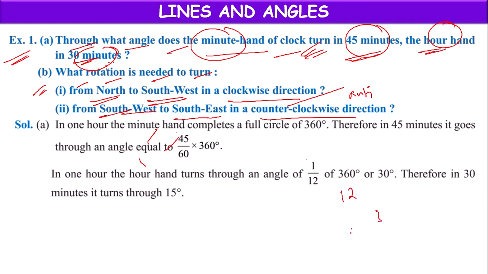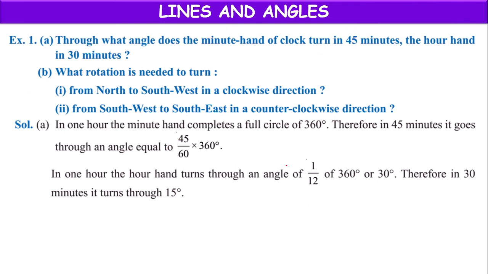In a clock we have numbers, and the clock moves from 12 to 3. If the direction we are moving is 12 to 3, it is called clockwise. If our direction is in reverse, 3 to 12, then it is called anti-clockwise. These two examples we have to solve.